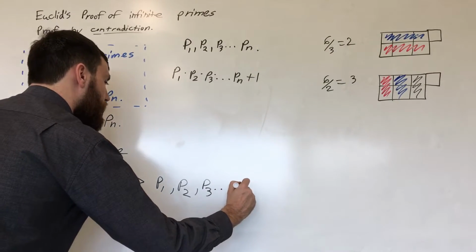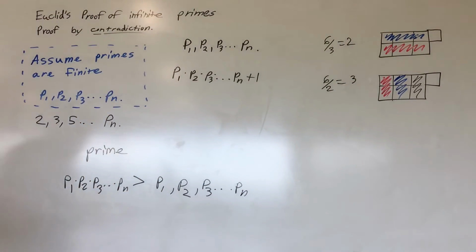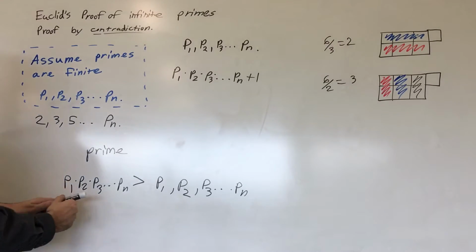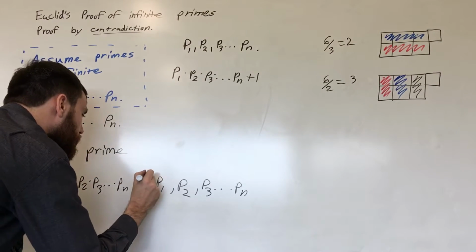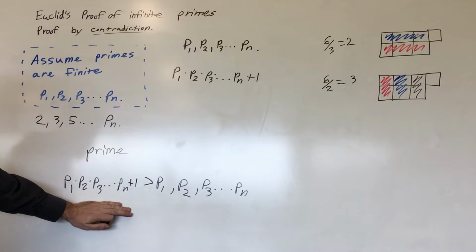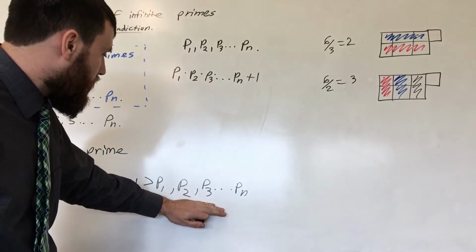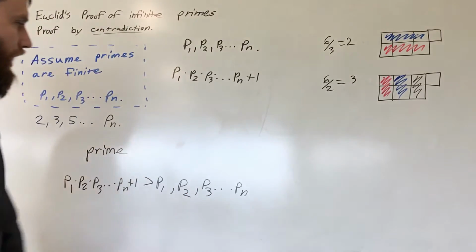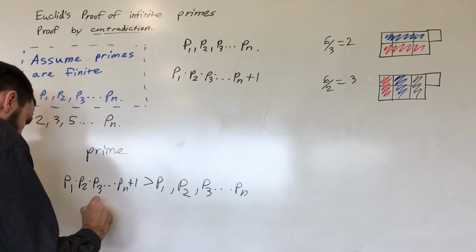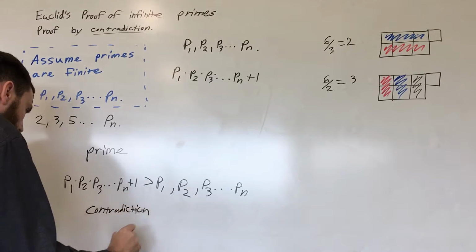Keep going all the way to Pn. It's greater than anything in this list. So if this number plus 1 is a prime, and it's greater than all the primes in the so-called complete list, then we have a contradiction. The list is not complete.